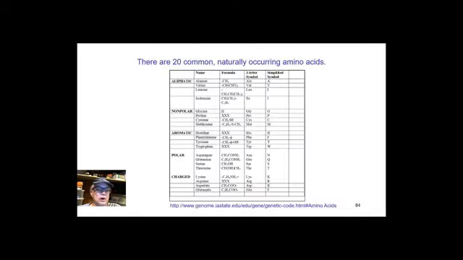Here's a list of some of our amino acids. Some are aliphatic, really oily, which means kind of nonpolar. These ones are just called nonpolar, which means they're more polar than aliphatic.